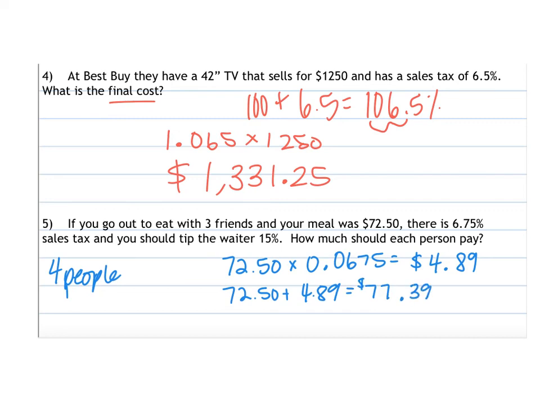Now let's calculate the 15% tip. So $77.39 times the 15%. And you should leave your waiter $11.61. Add that on. A lot of steps on this one.